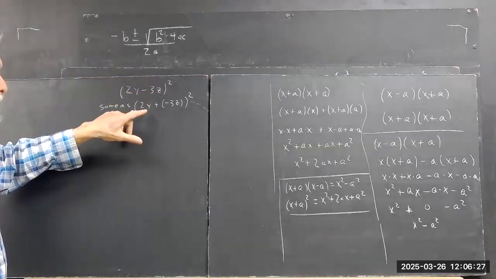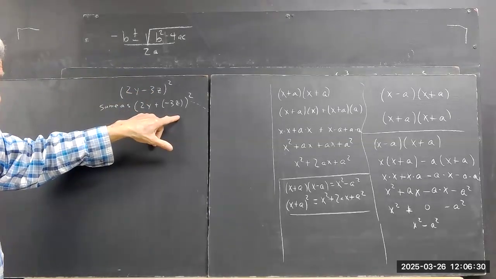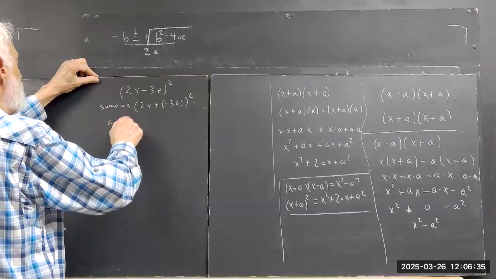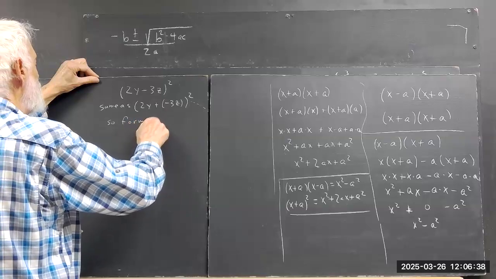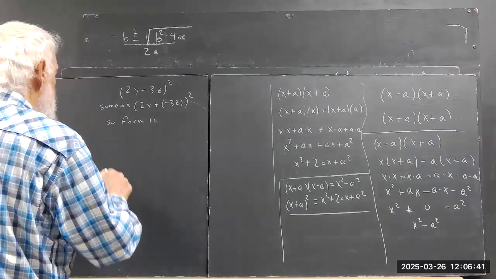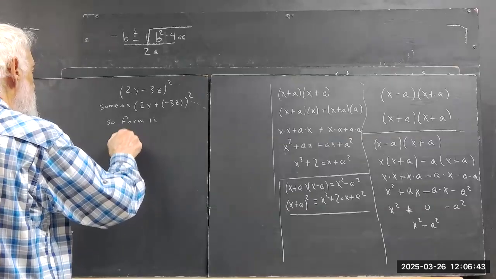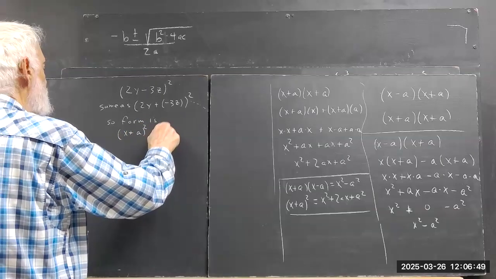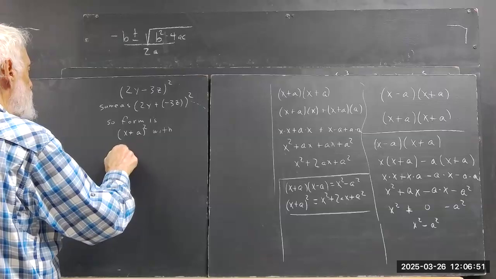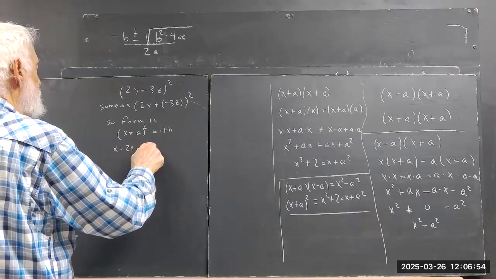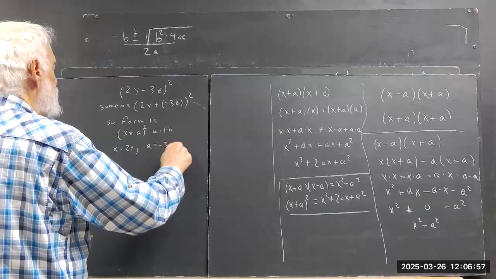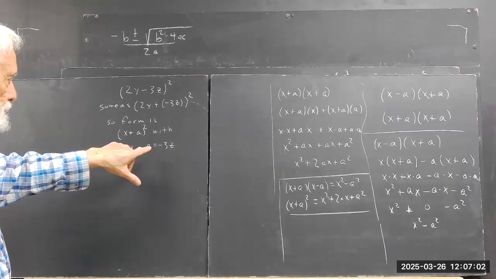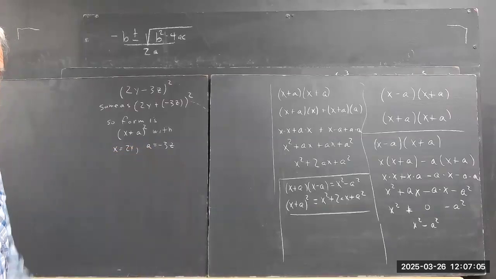2y minus 3z is the same as 2y plus negative 3z, right? Which is x plus a squared, but x is 2y and a is negative 3z.